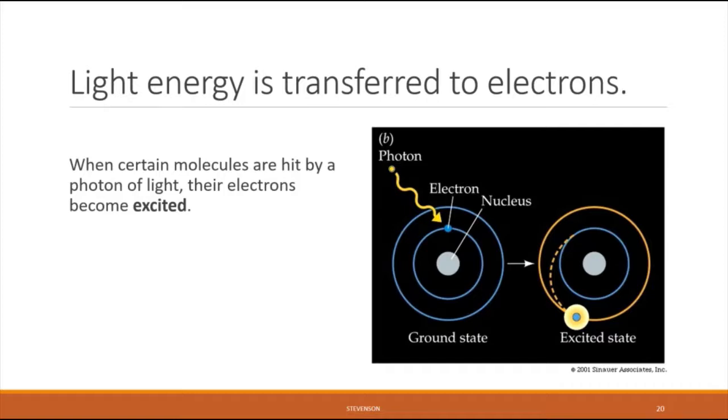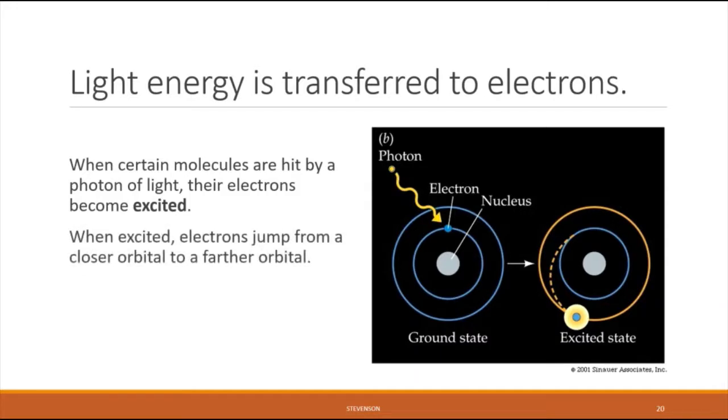When certain types of molecules are exposed to photons of light, their electrons undergo a process that is described as becoming excited. Excitation of electrons involves those electrons jumping from an orbital that is closer to the nucleus up to an orbital that is farther away from the nucleus.